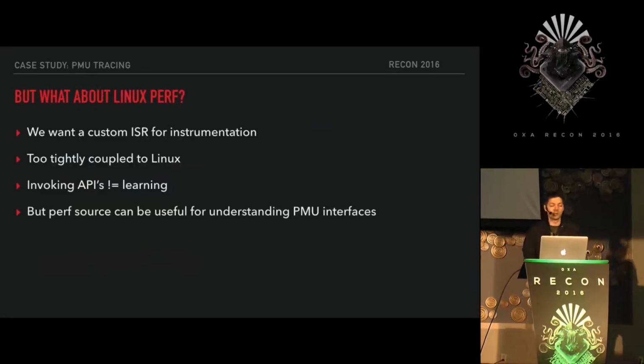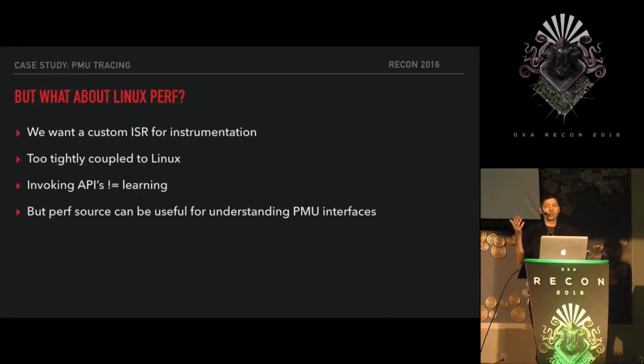Some of you that are familiar with Linux perf might ask, well, what about Linux perf? I decided to do all this from scratch for a few reasons. The first, I wanted to write my own custom ISR, even if perf had a callback for being invoked within the ISR.